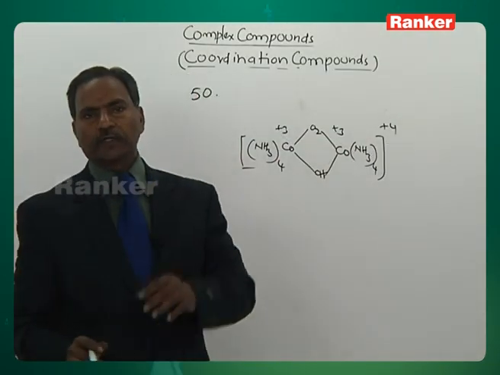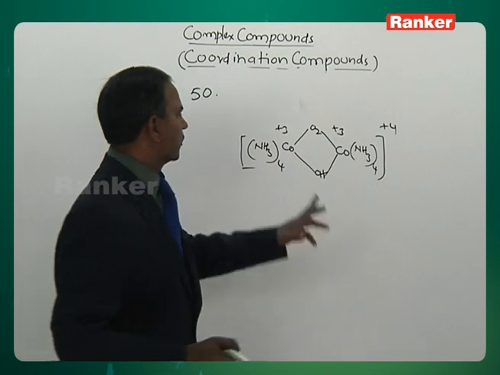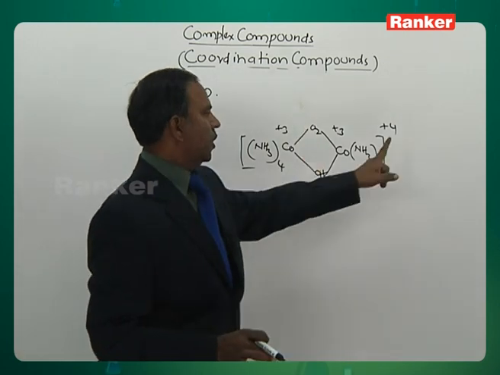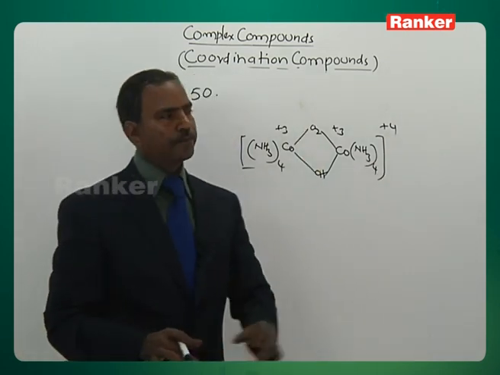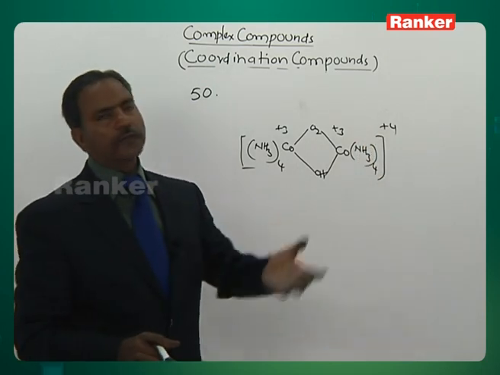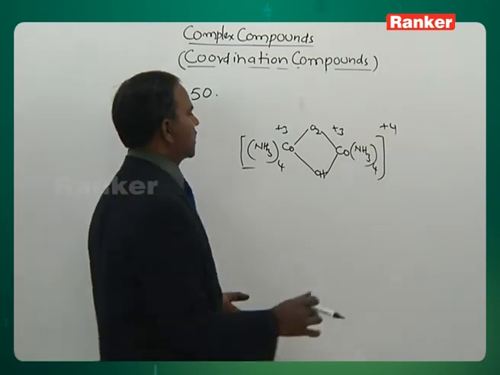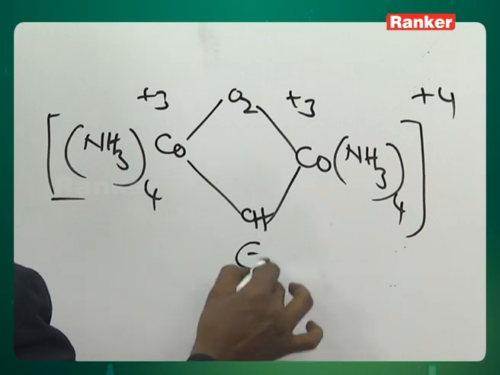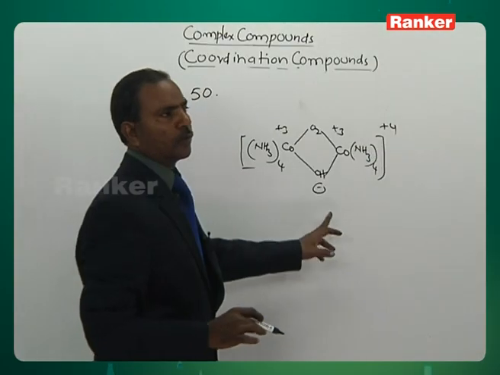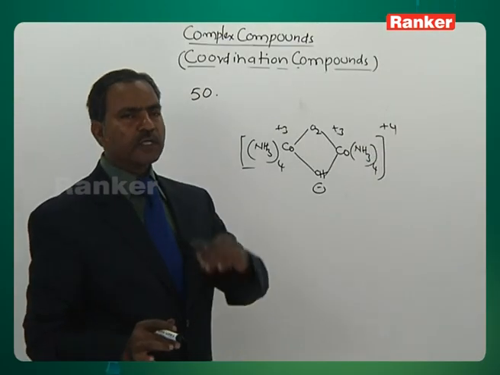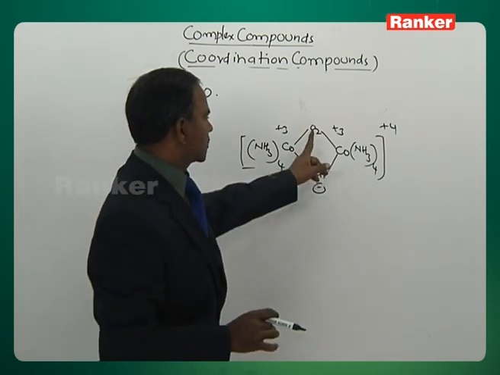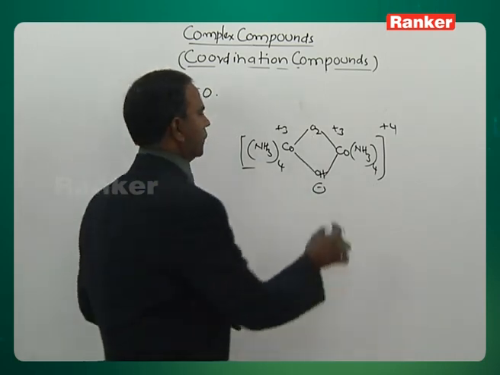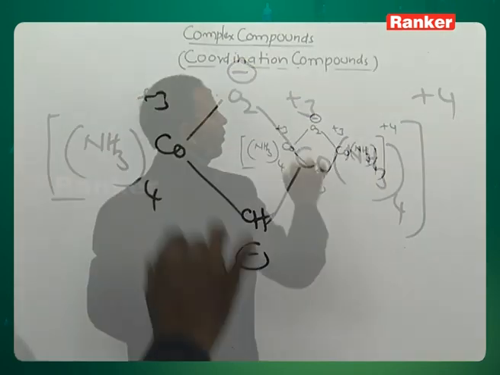Overall, how many charges do we require? A total of 6 charges, +3 and +3. The complex has 4 charges given, so we still require 2 more. OH is -1, so +4 plus 1 more minus gives +5. Still you require 1 more. O2 must carry a single minus charge only.